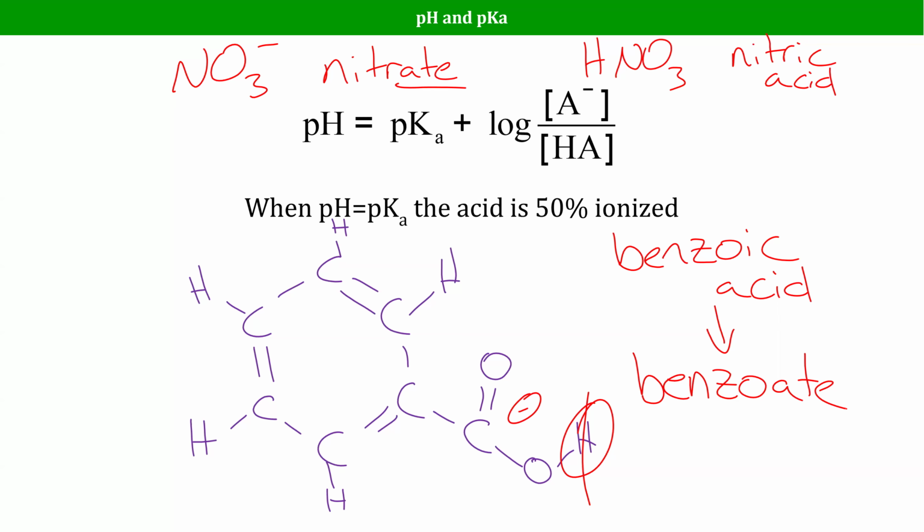The reason that we would add it to food is because we could dissolve it in water pretty readily. So sodium benzoate dissolves in water, benzoic acid doesn't. And the only difference between the two is whether it's protonated or not. Would it ever spontaneously jump back to benzoic acid? It will, because it's an equilibrium process, right? This is a weak acid reaction.